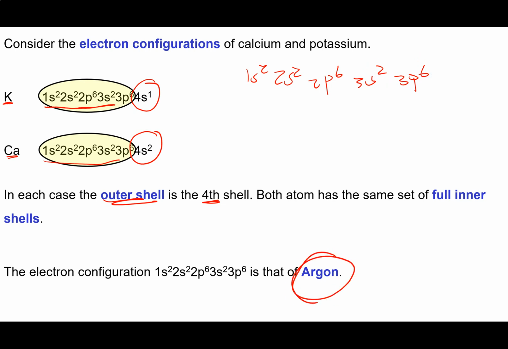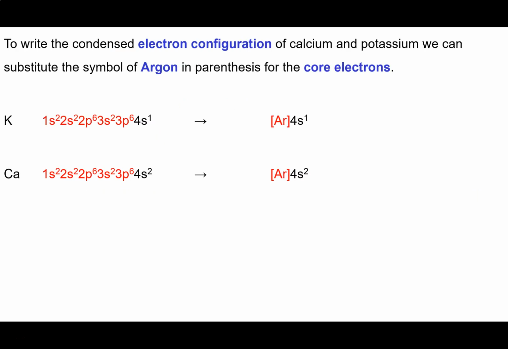So how we can abbreviate this so that we can just focus on those chemically interesting outer electrons is we can replace all of these core electrons with the symbol for argon. So we can write what we call the condensed electron configuration, where we substitute the symbol of argon and we put it in square brackets for the core electrons.